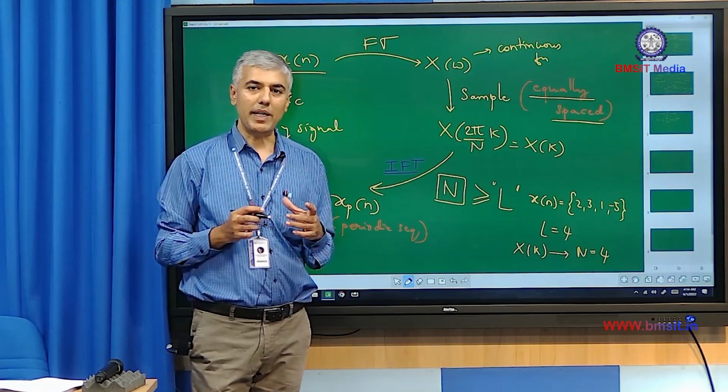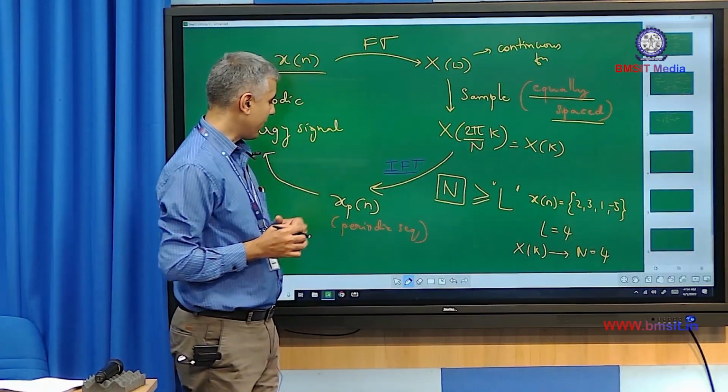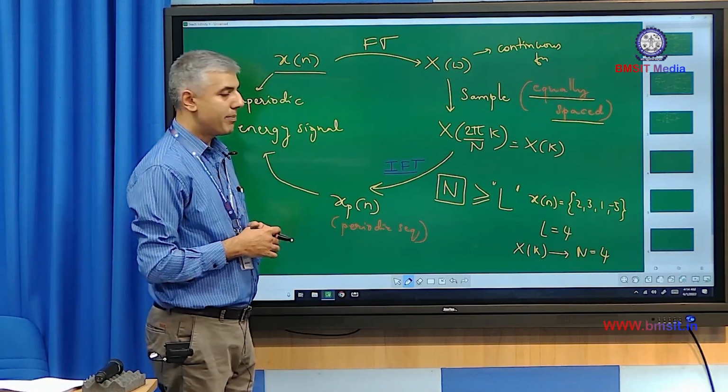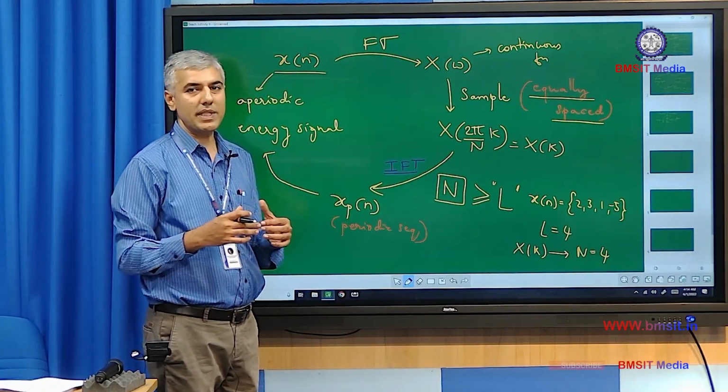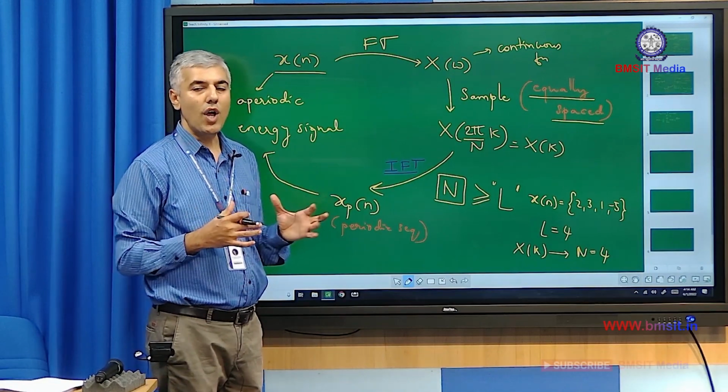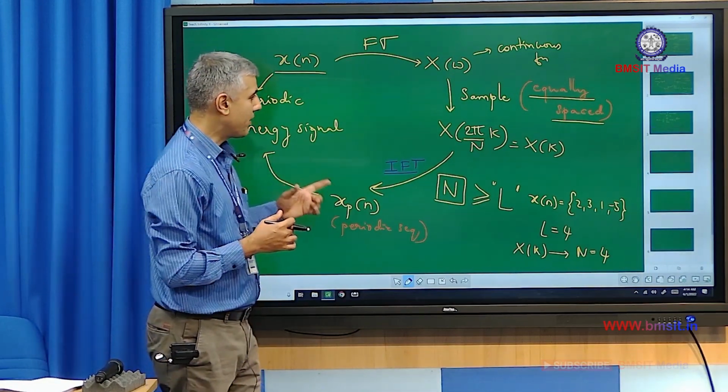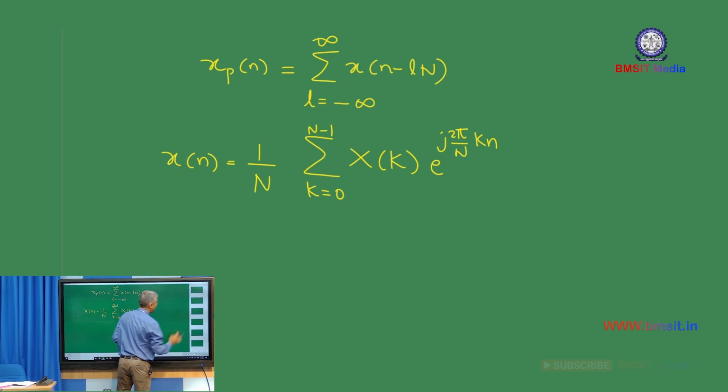No, we will be getting back xp of n. xp of n is nothing but the periodic repetition of x of n. So, there must be some relation between xp of n and x of n, and how we recover x of n from xp of n.